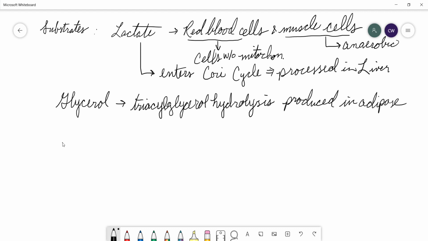And so what happens is we get glycerol, and glycerol kinase will consume an ATP, and that will create a monophosphate of the glycerol.